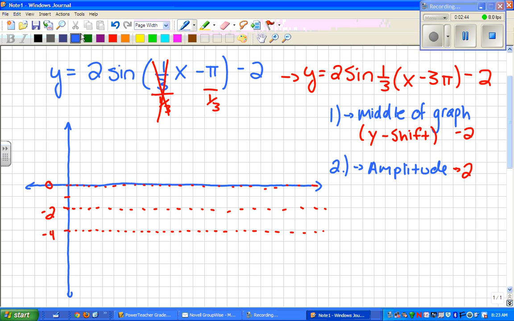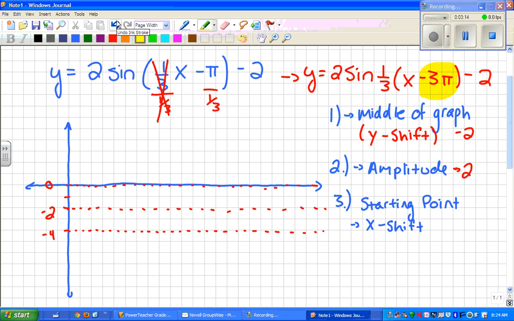Okay, the third thing we are going to locate is a new starting point. The starting point is the x shift. Where on the x-axis, or the new middle, do we start? And if we look, we always look inside for the x, and that -3 pi is going to give us our x shift.